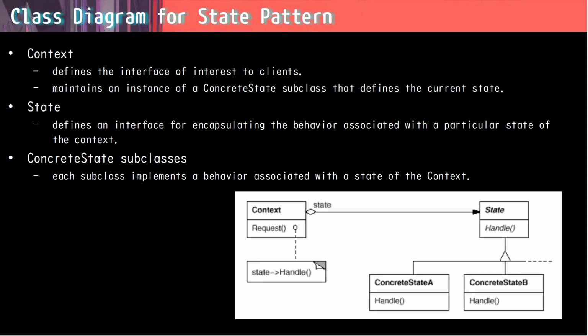It's not trying to represent something. It's the real body. Okay, so we have a concrete state A, namely the state on, which is inherited from the abstract state class. And we also have a concrete state B, which might be state off, and state off will be a child inherited from the abstract state class.